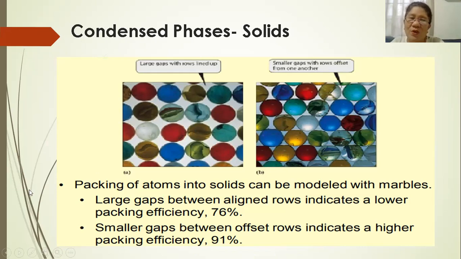This one will have a lower packing efficiency. So these are marbles, this is our model. The large gaps between the lines in A indicate lower packing efficiency, which is 76%. While B has smaller gaps between offset rows, indicating higher efficiency, about 91%.